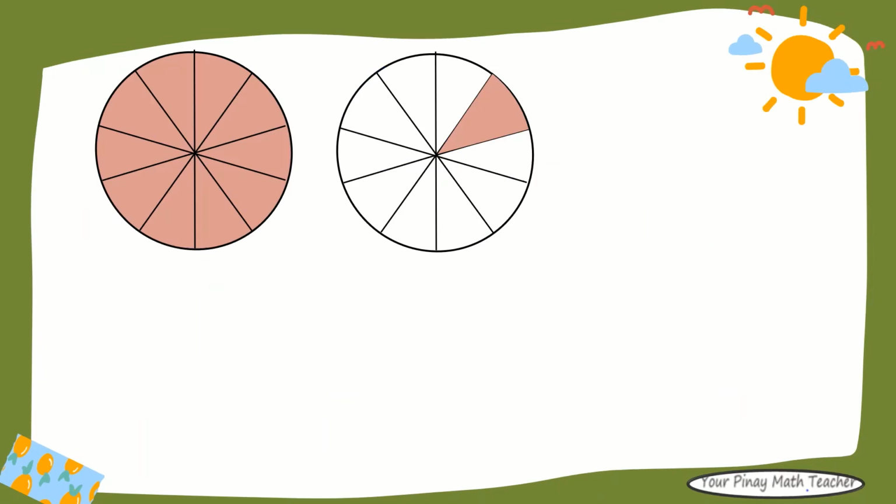What if the figure shows more than a whole? As you can see, each of the two circles is divided into 10 equal parts. In the first circle, all its 10 equal parts are shaded, so we get a fraction 10/10. In the second circle, we only have 1/10.